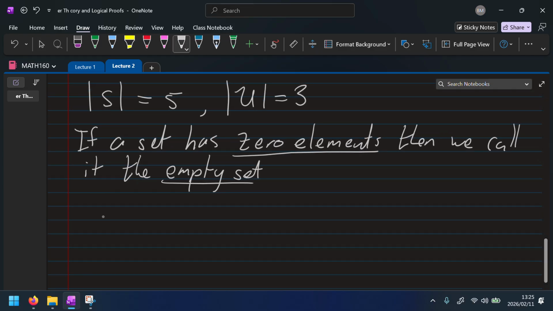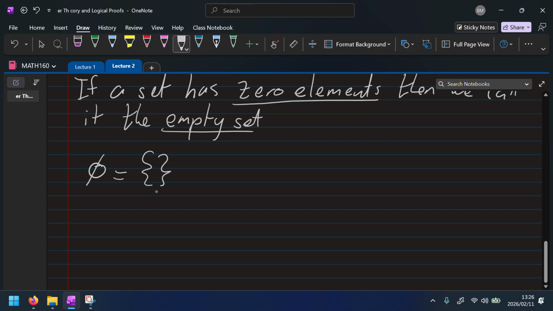And it has the notation circle with a line through it, the Greek letter phi, if you know your Greek. So that's the symbol there. Or we can write it as open brace, but the set contains nothing, so we're not going to have anything in the set, and then closing brace. Those are the notations we're going to be using for the empty set. Again, open, close, there's nothing inside, so again, it has no elements.